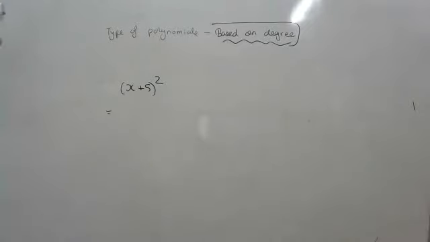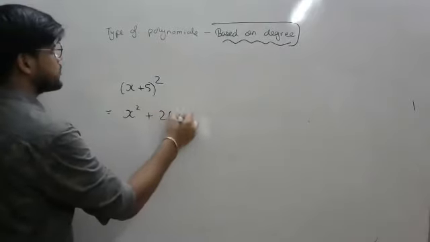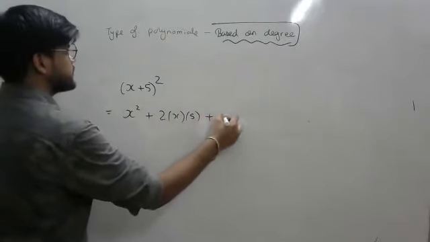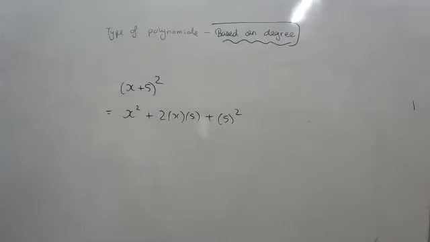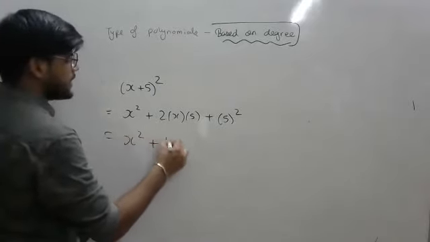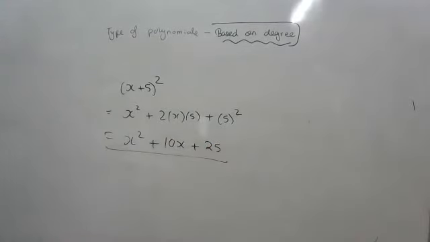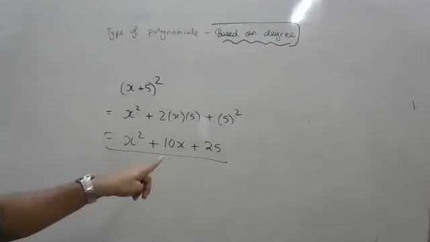You have to first simplify. X plus 5 square would be x square plus 2 into x into 5 plus 5 square. We have to apply the identity. Now, this is x square plus 10x plus 25. First, simplify the given expression.